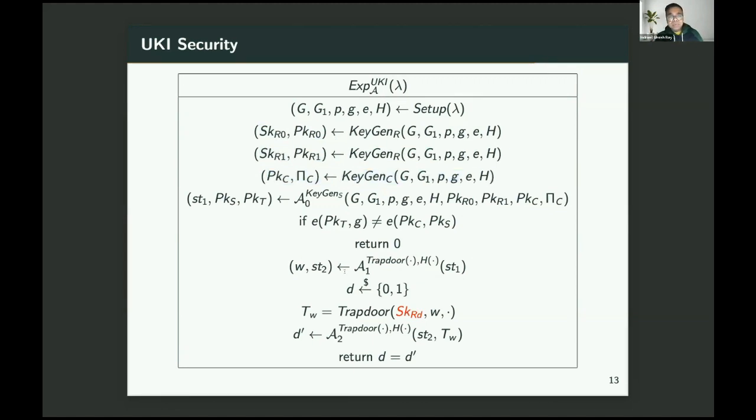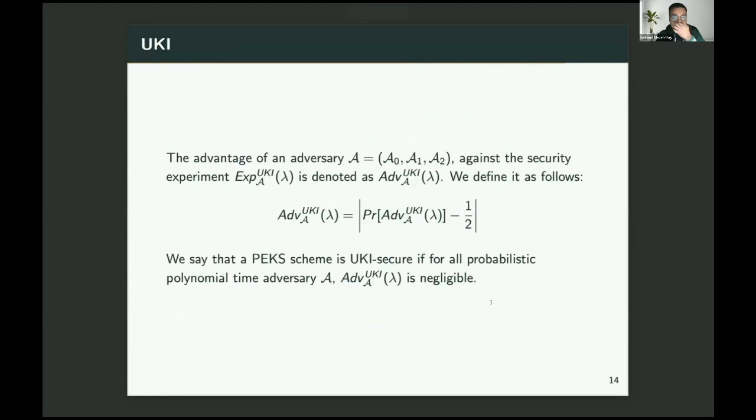In this seemingly complicated game structure, the same unbiased coin is flipped, and one of the two users is selected uniformly at random, and the trapdoor is given. With oracle access to the trapdoor and the hash function, the adversary is not in a position to distinguish which of the two users was given. That is to say, the advantage of this game is negligible. So that is the definition of UKI.